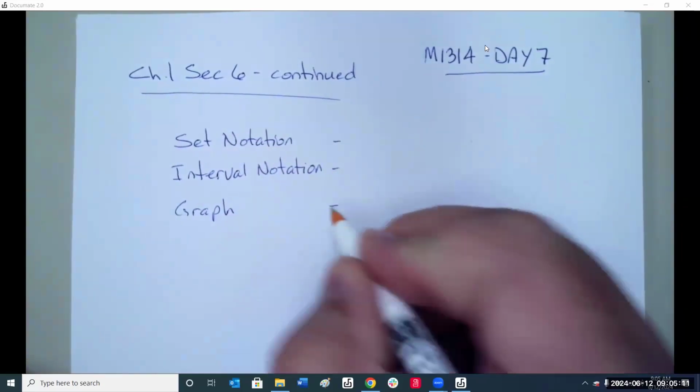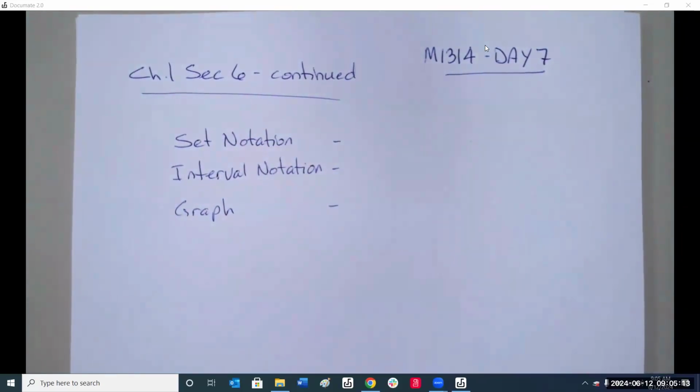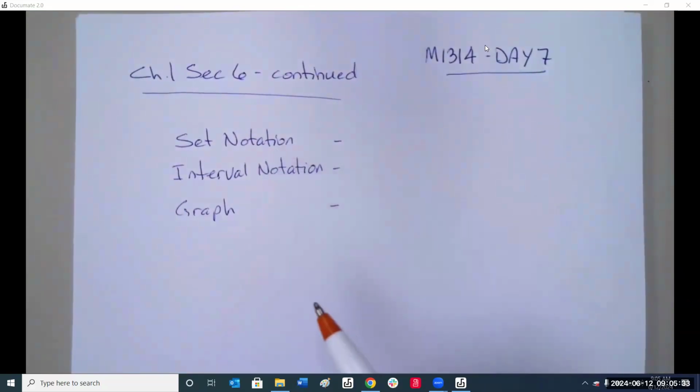So what are the differences? How do you know if something is in set notation? Just the U? No, like it has set and then U and then another set. How do we know if it's in set notation?